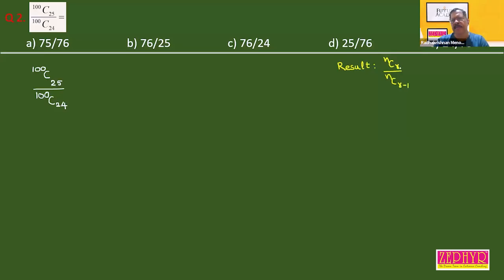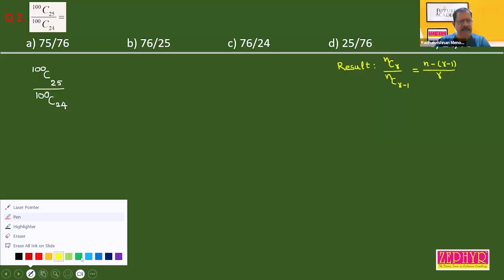Superscript is same. Numerator subscript is r. Denominator subscript is r minus 1. Then this is equal to, directly you will be able to write the value of this expression. Then the pattern is what? Numerator will be n minus r plus 1 when you open the bracket. Denominator r. Okay. So how it is coming?